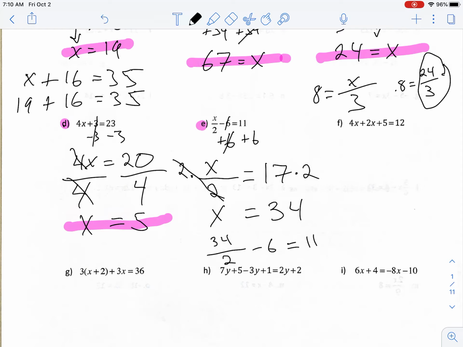So 34 divided by 2. Okay, so I go into my calculator and I do 34 divided by 2, and that equals 17. So I know 17 minus 6 equals 11. So x does in fact equal 34. And that's your answer.